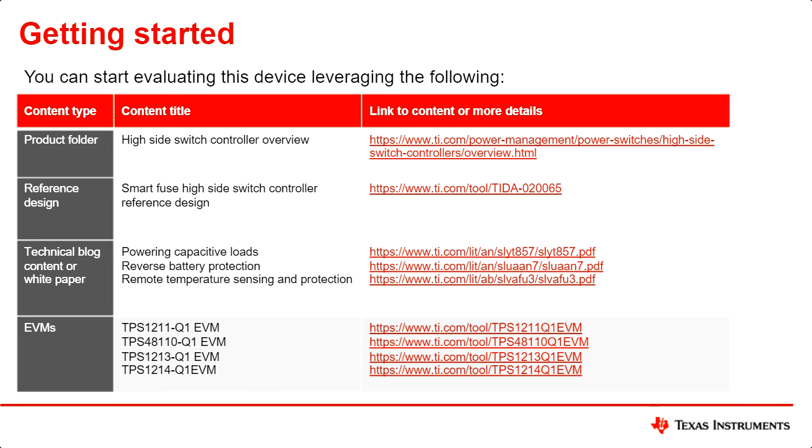We also have technical content planned, and the ones we already have out were the most desired technical help: reverse battery protection, powering capacitive loads, and temperature sensing. Those are out now on TI.com, and we're probably going to release a couple more by the end of next year. And then all the EVMs that we have released to date, and more coming.